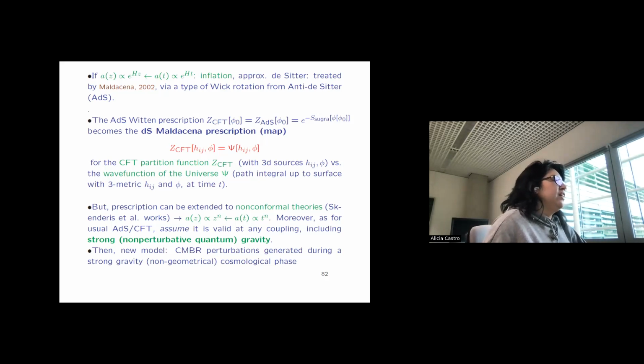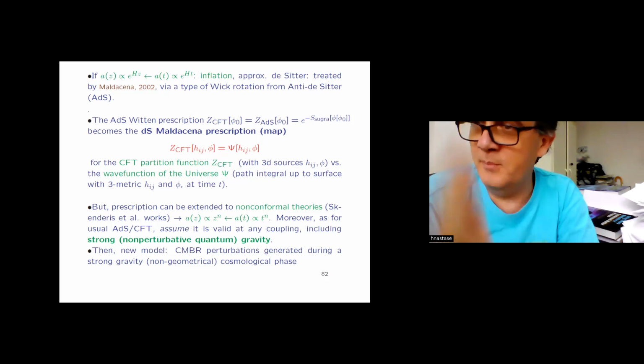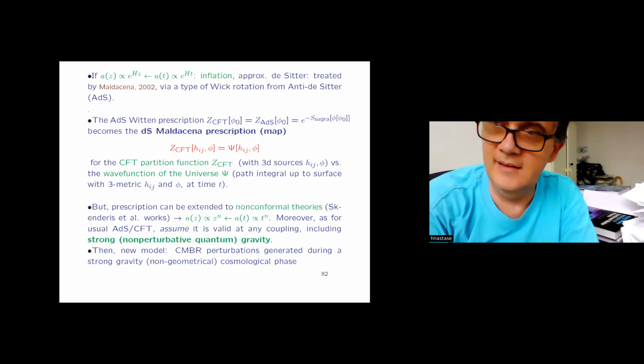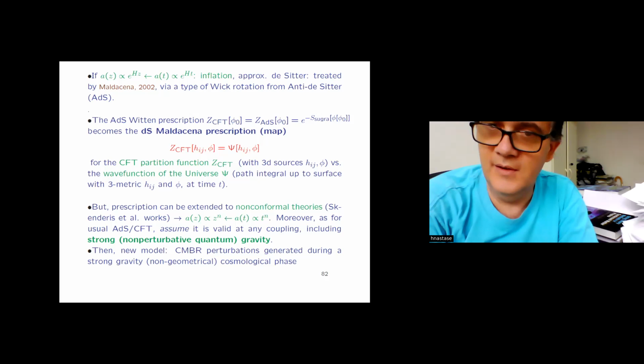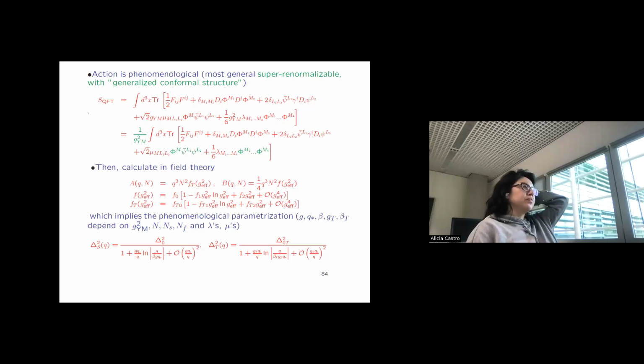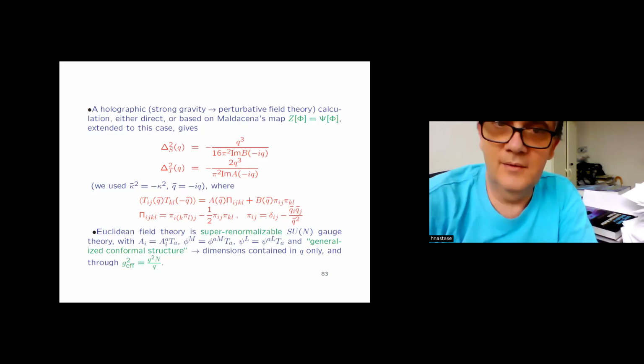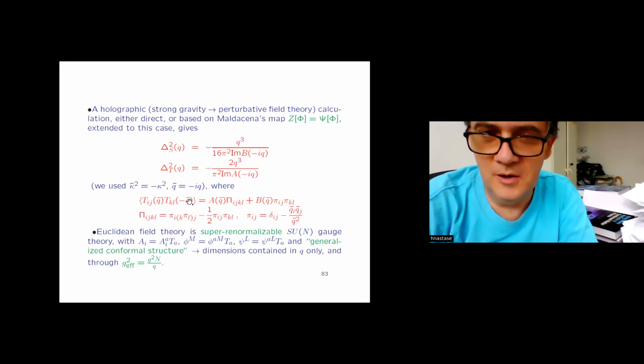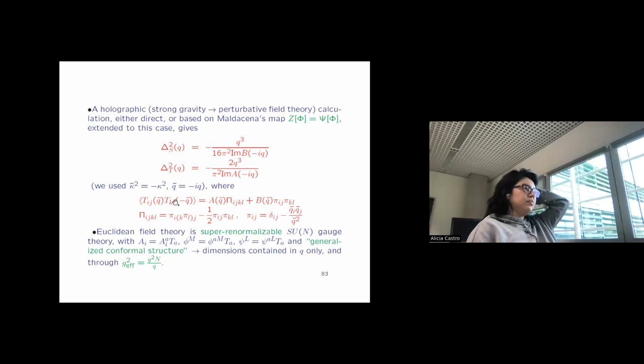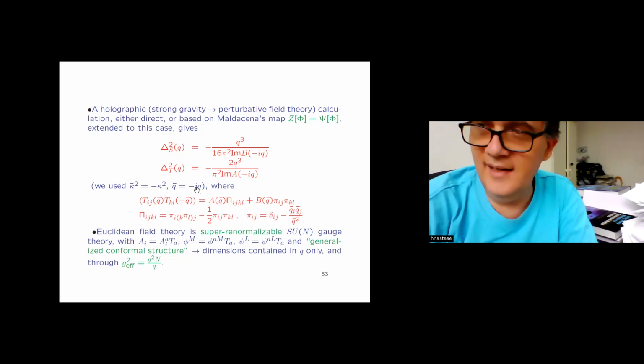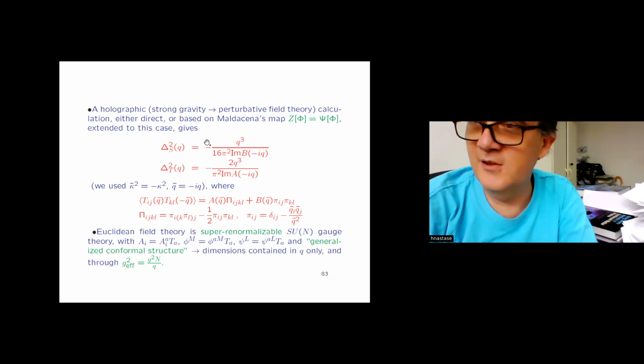That's right. So when I calculate things, I vary with respect to it and I put it to 0 at the end in order to calculate the 2-point functions. That's how we arrived at this formula. It's a bit more complicated, but it's roughly this. I vary with respect to H_ij, and then I put it to 0, and I get this 2-point function. And then this is related to the power spectrum in the cosmology.